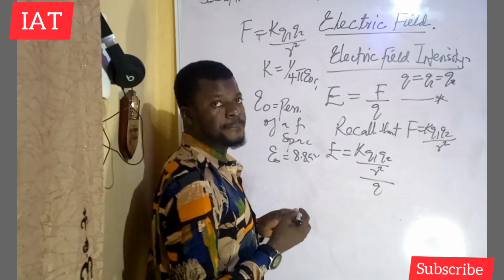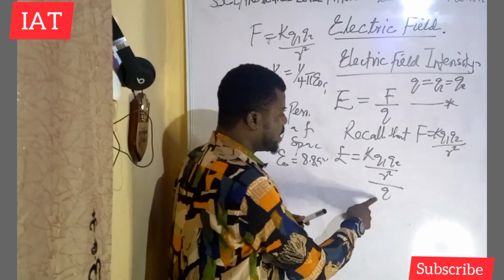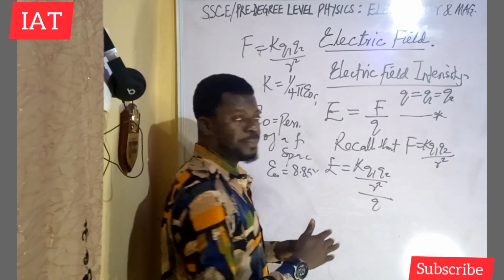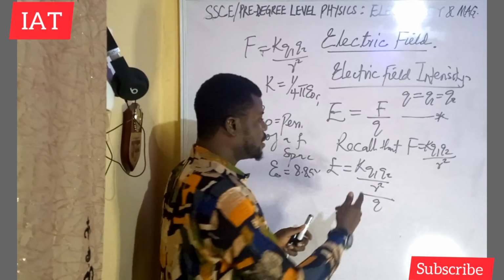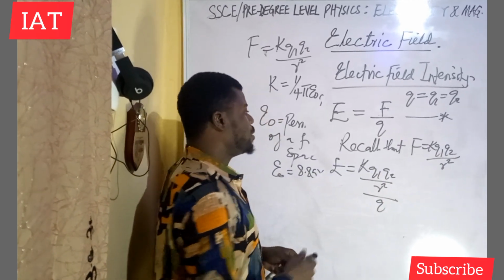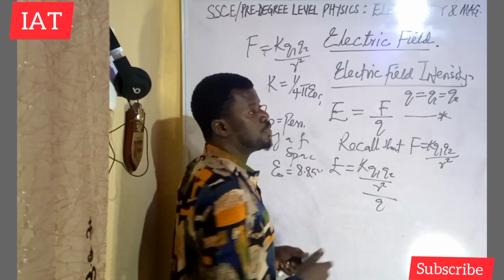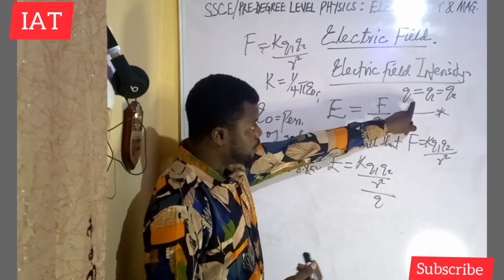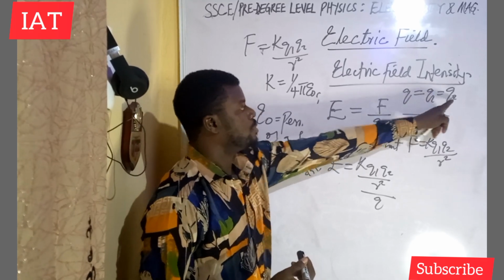They are the same. That is to say, this q can easily cancel with any of them. I only use q1 and q2 to separate the two charges. I can easily use q subscript a, or q subscript b. I can use capital Q and small q. So that is why I bring in this: Q is equal to Q1 is equal to Q2.